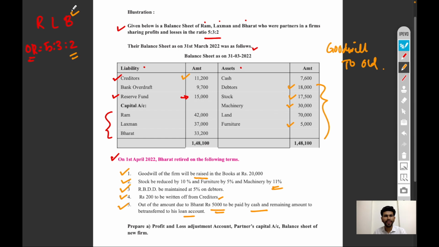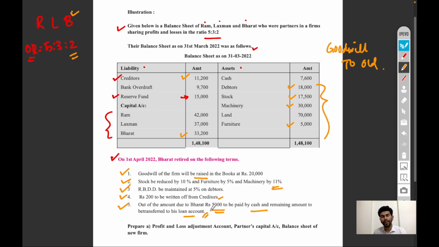So Bharat is retiring from the business, so he will take away his part of capital also, and the condition is given that 5,000 rupees will be paid in cash immediately. Out of the portion belonging to Bharat, 5,000 rupees will be paid in cash and only the remaining part will be transferred to his loan account.